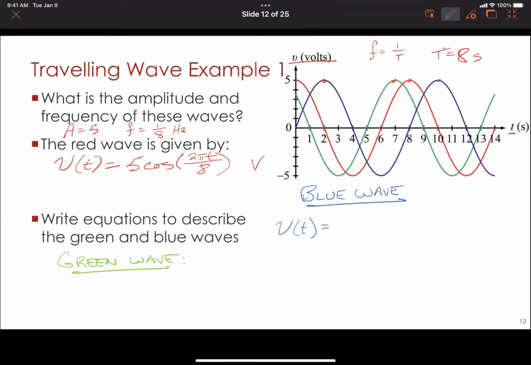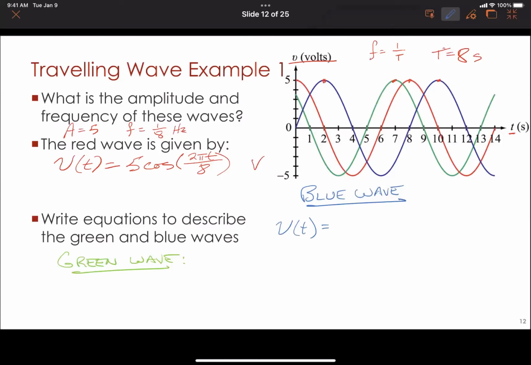If we're considering the case where there's no phase, only the red wave corresponds to that. If there's no phase and we're dealing with a cos, that means at t equals 0 it has to be at the peak, and only the red one is at the peak at t equals 0.